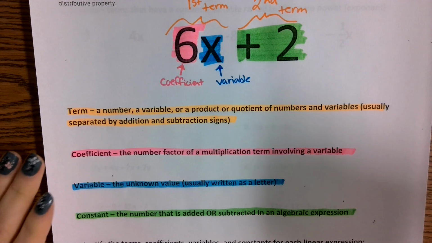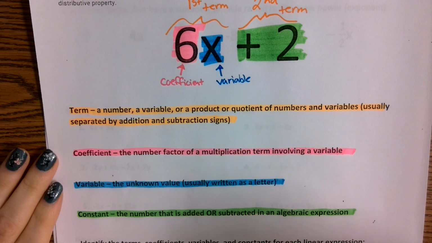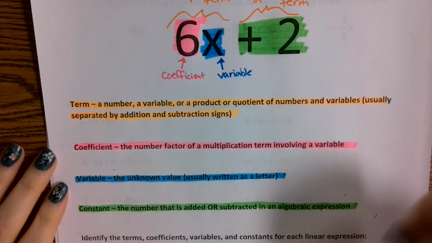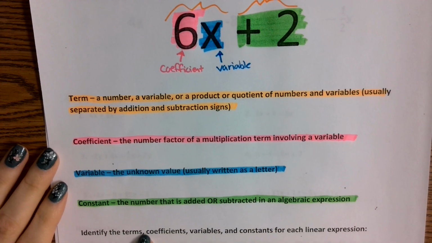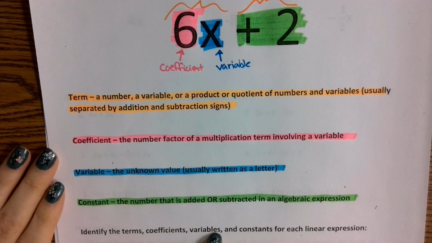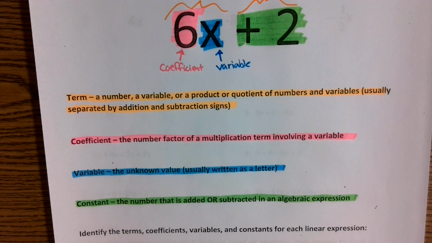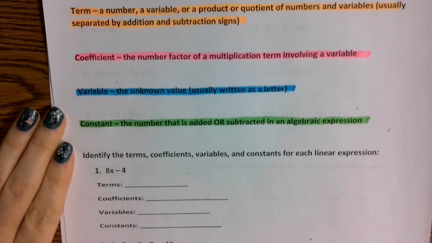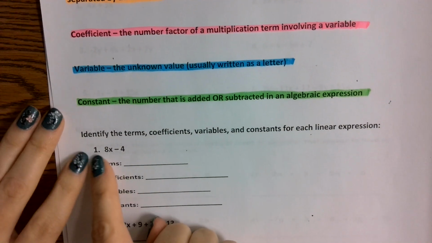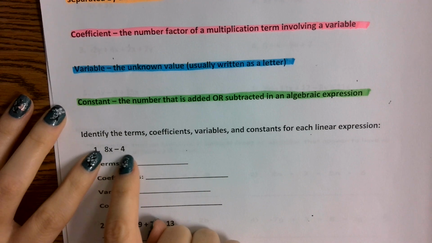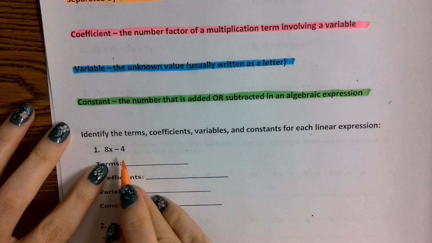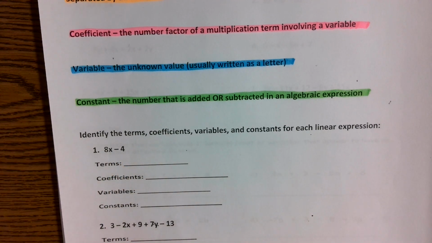So I'm going to do one example with you, and then you're going to do example number 2 on your own. We're just going to identify our terms, our coefficients, our variables, and our constants for each of the linear expressions provided. So let's take a look at the first problem. We have 8x minus 4. Our terms, again, are separated by addition or subtraction signs.